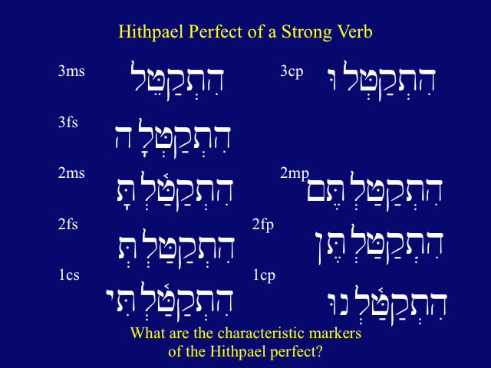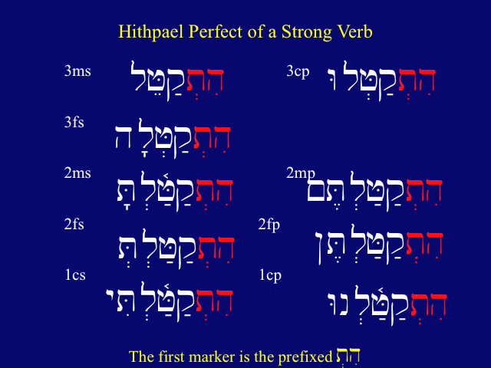In the plural column, beginning with the 3CP, they have done thus and so. Hitkatlu, hitkataltem, hitkatalten, hitkatalnu.